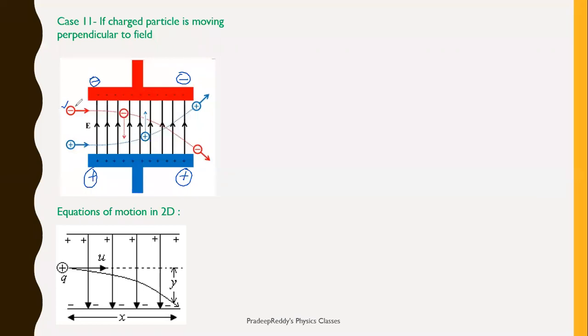Now, when this negative charge enters the electric field, by default it has some velocity. I will represent it with red. Let the initial velocity of the charged particle be u.